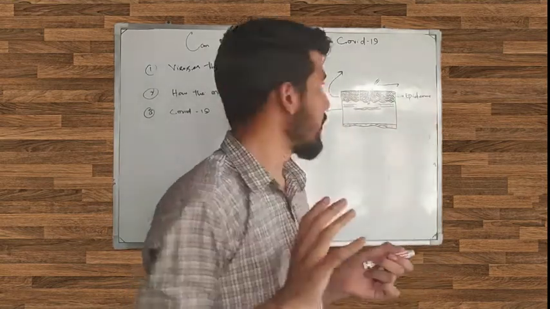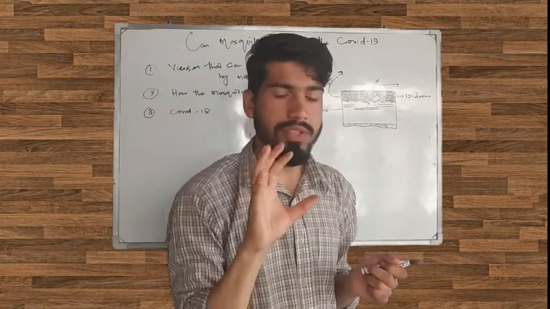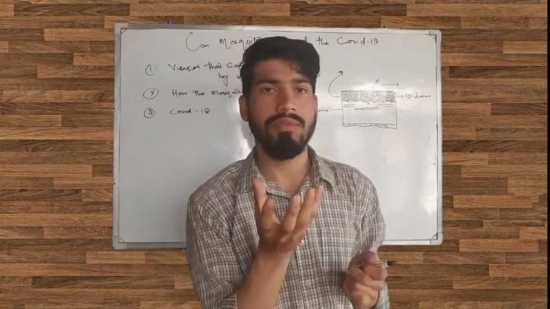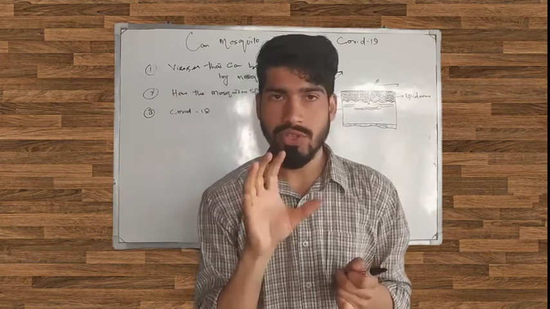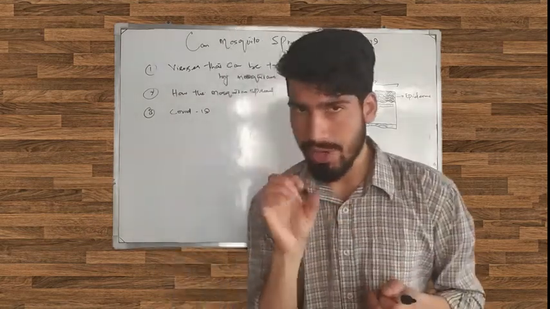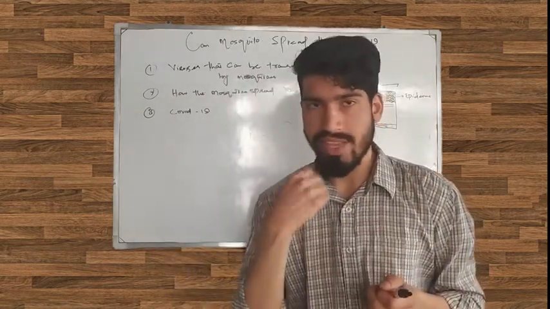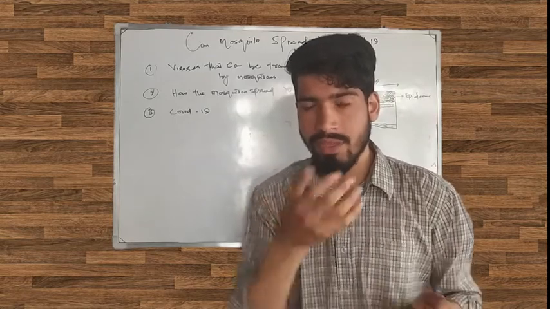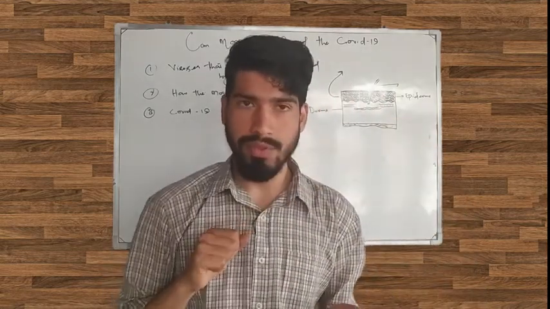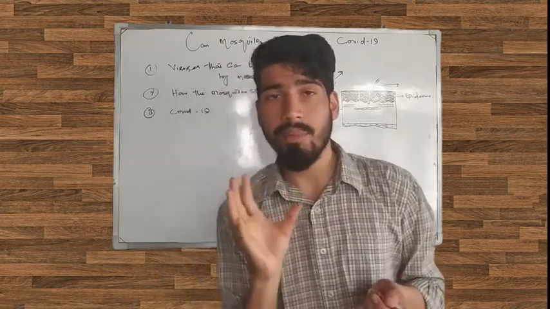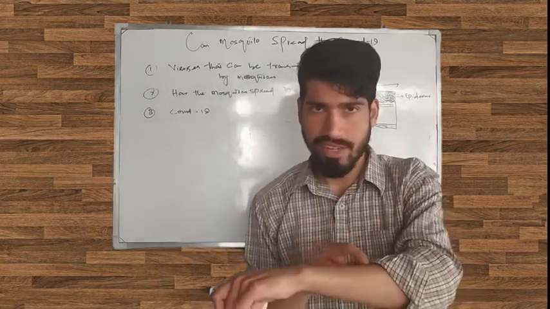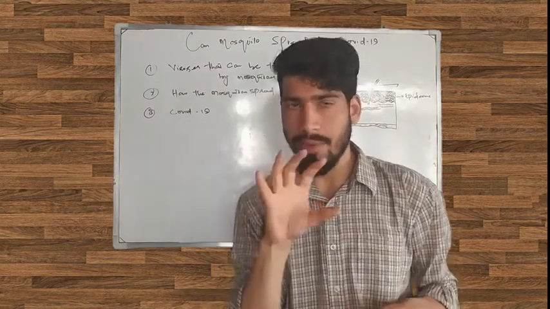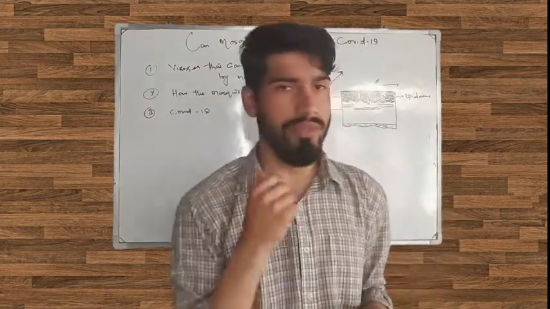First of all, how does the mosquito detect us? The mosquito detects us by the help of carbon dioxide which we exhale. Then the mosquito comes into our homes and detects us by the help of lactic acid, ammonia, and sweat.